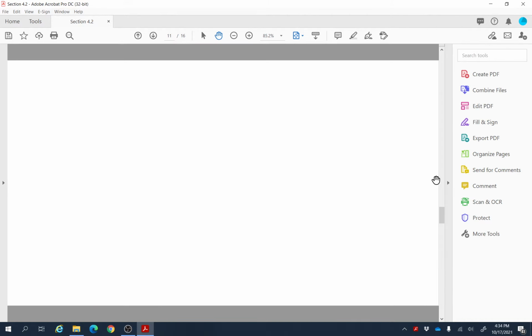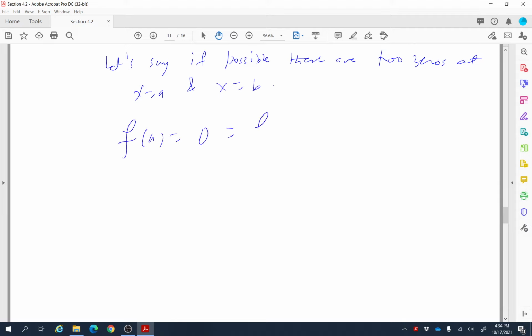If it's possible, let's say there are 2 zeros at x equal to a and x equal to b, meaning the value of the function at a is 0 and the value of the function at b is 0. We don't know what a and b are, so we are going to find out if it's possible. But as you can see, the value of the function at some points a and b, both of them are 0.